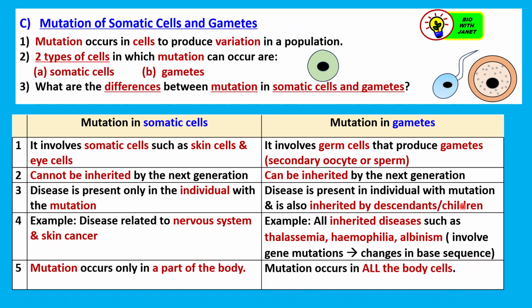Now, mutation in gametes, the disease is present in the individual with the mutation. That means maybe the gametes have the abnormal number of chromosomes, and then if the gametes are fertilized, the effects of that mutation will be inherited by the descendants, or by the offspring or children. Okay, can be passed down.